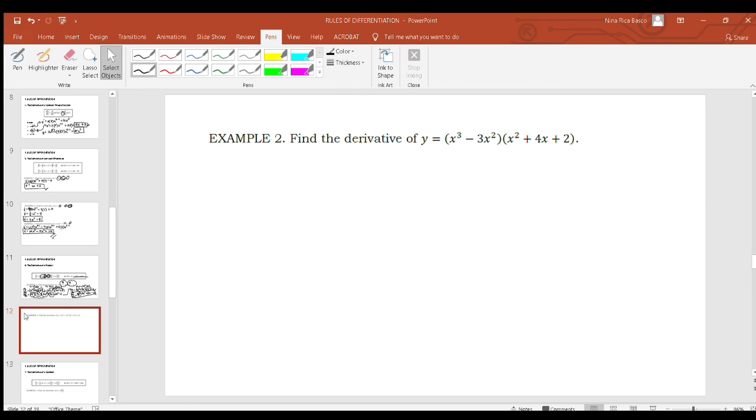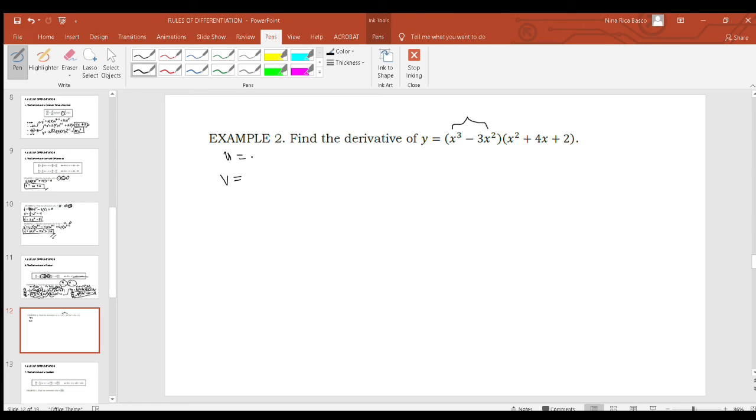In another example, find the derivative of y is equal to x cubed minus 3x squared times x squared plus 4x plus 2. So, what do we do first again? Let's set u and v. What is our u? Most likely, our u is the first binomial or first polynomial.